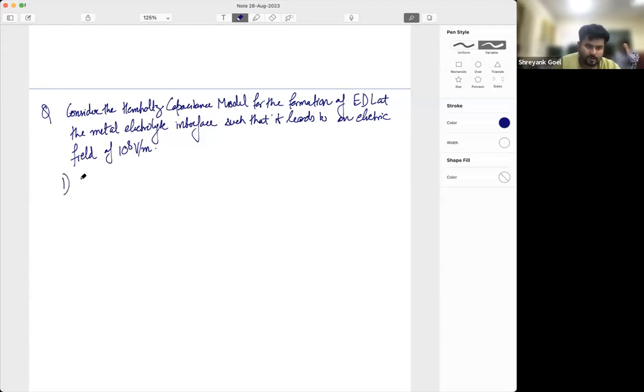The first part is to find out the surface charge density.